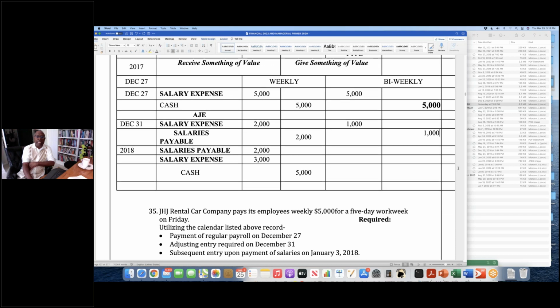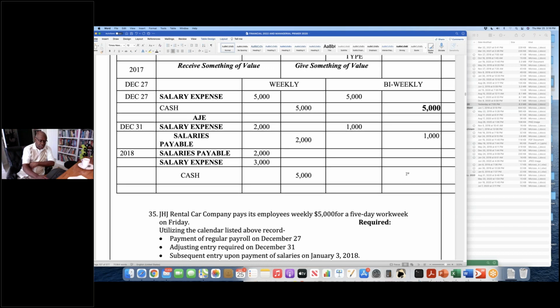Then when we pay, they still want $5,000. But the salaries payable now is only going to be 1,000, and the salary expense will be 4,000. Any questions? So we make the adjustment for the salary.